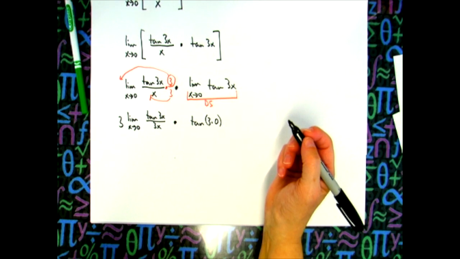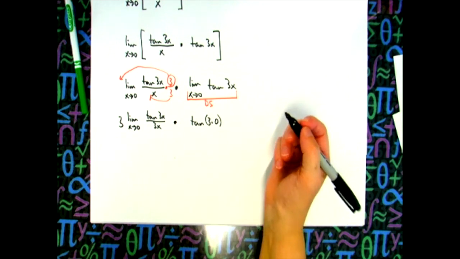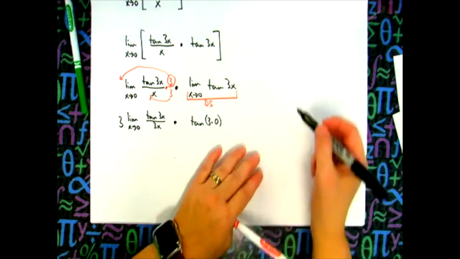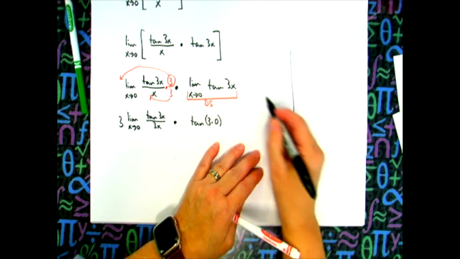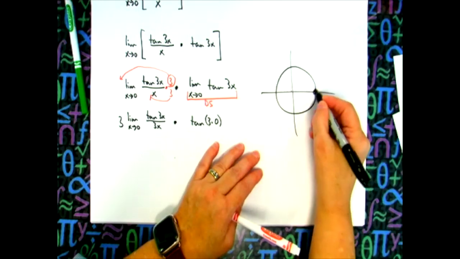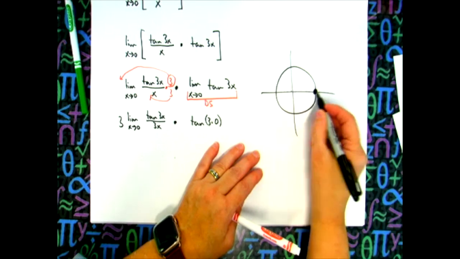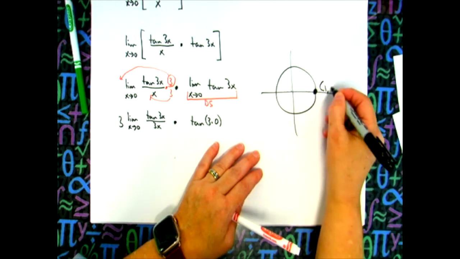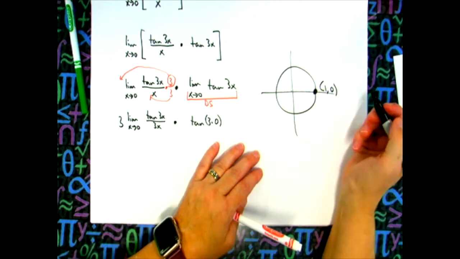Do we know tangent of 0? Ooh, from our unit circle. You're all going, oh crap, I have to remember that unit circle. Tangent of 0 is what I'm trying to find. 0 is right here on our unit circle, and the ordered pair is 1, 0. Do we remember this?